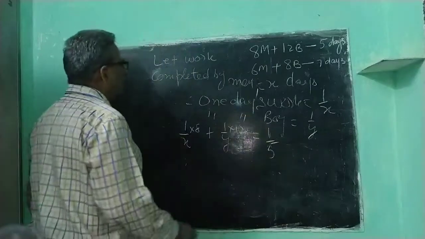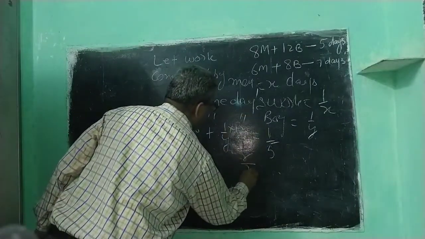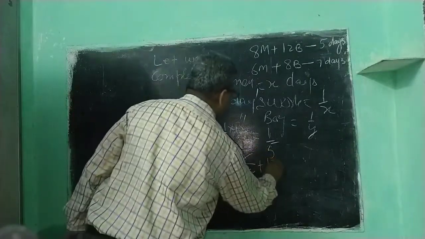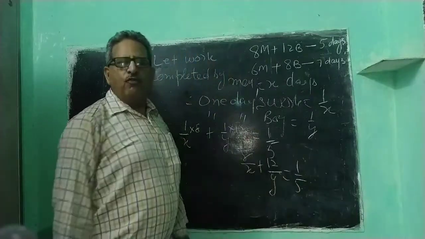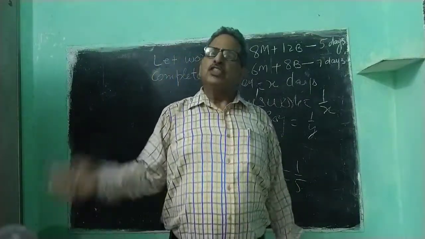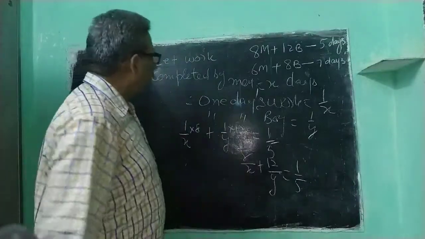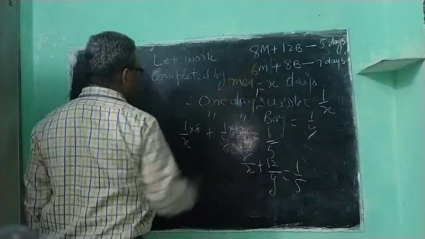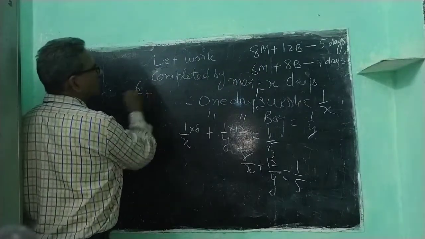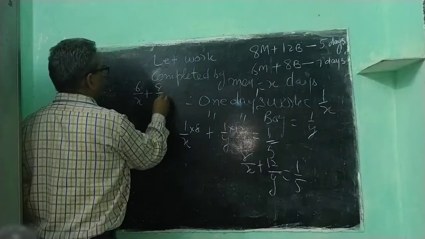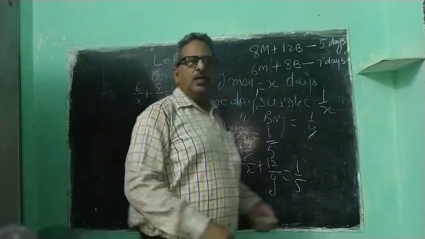So the equation becomes now, beta, 8 upon x plus 12 upon y is equal to 1 upon 5. Clear? Similarly, the second equation will become 6 upon x plus 8 upon y is equal to 1 by 7. Clear, beta?